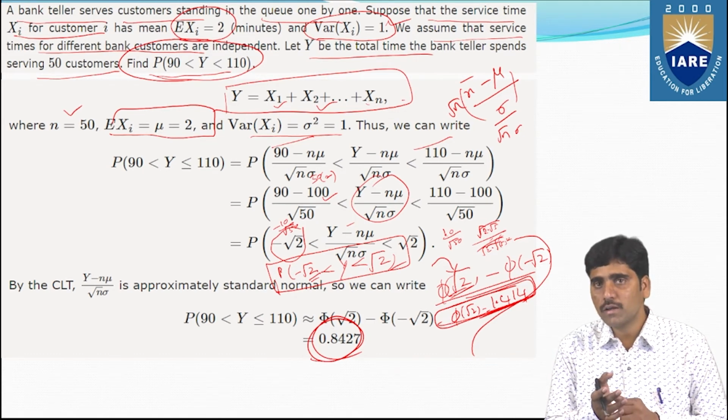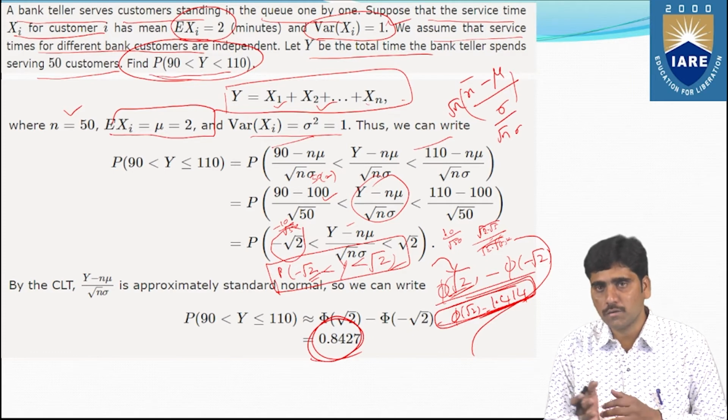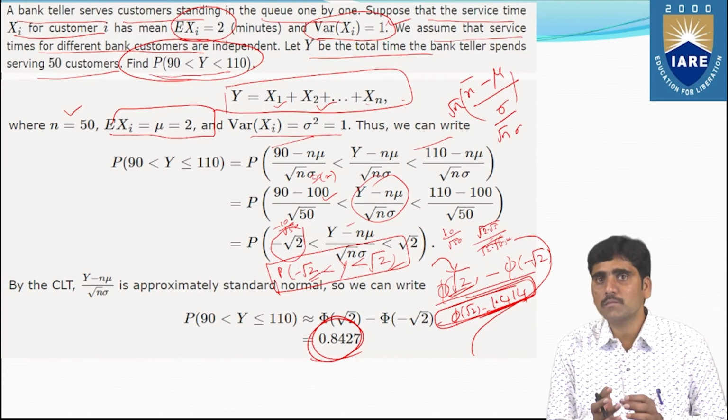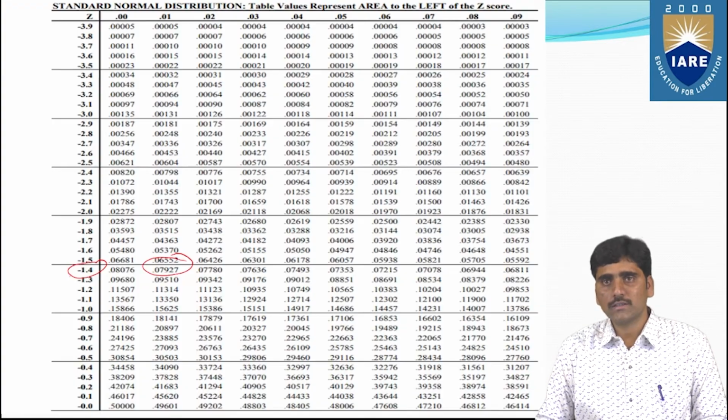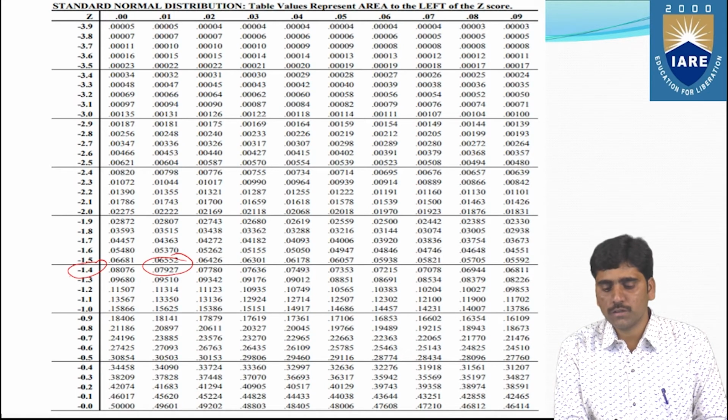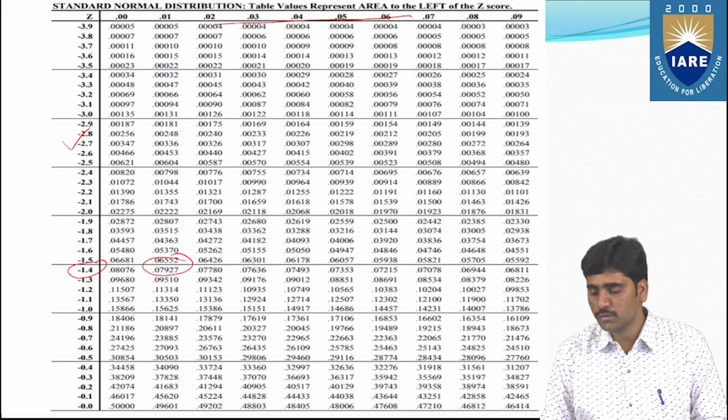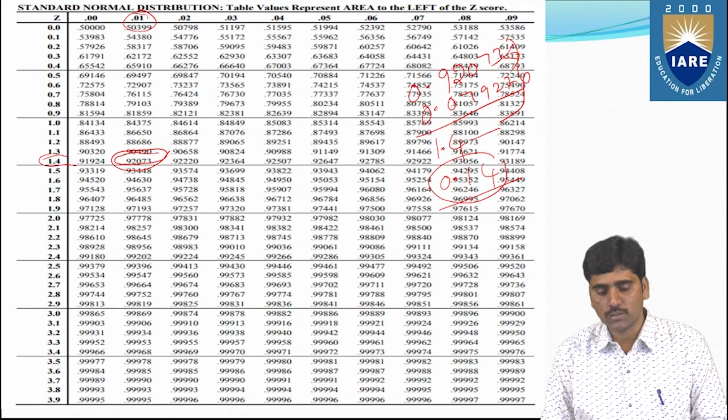If they give all these means and samples, then using the central limit theorem, finding the normal distribution range is very simple. So these are all the normal distribution values for the negative values, that means minus values, and these are all positive values.